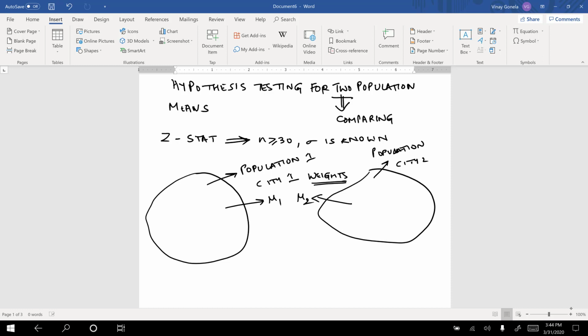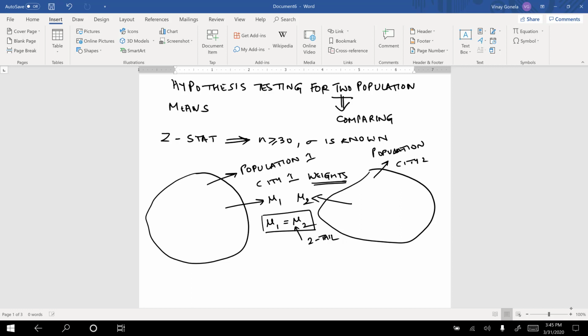One is that the average weight of people in city 1 is equal to city 2. So that is mu1 is equal to mu2. Since both the city 1 and city 2 population weight is exactly equal, it is a two-tail problem.